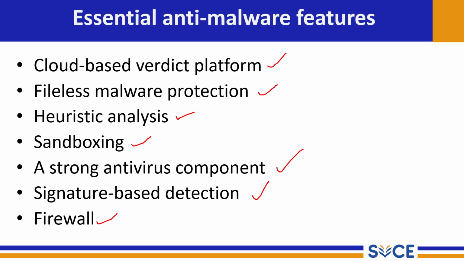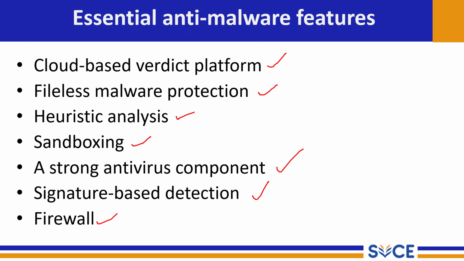And next one is web protection. This feature blocks access to malicious websites and prevents phishing attempts to steal sensitive information. And email protection: anti-malware software scans email attachments and links for malware and phishing attempts.